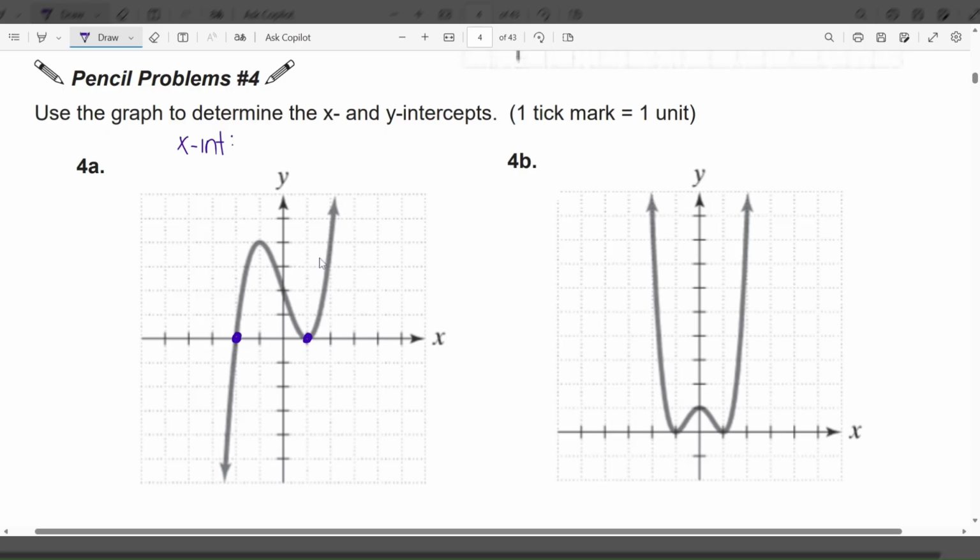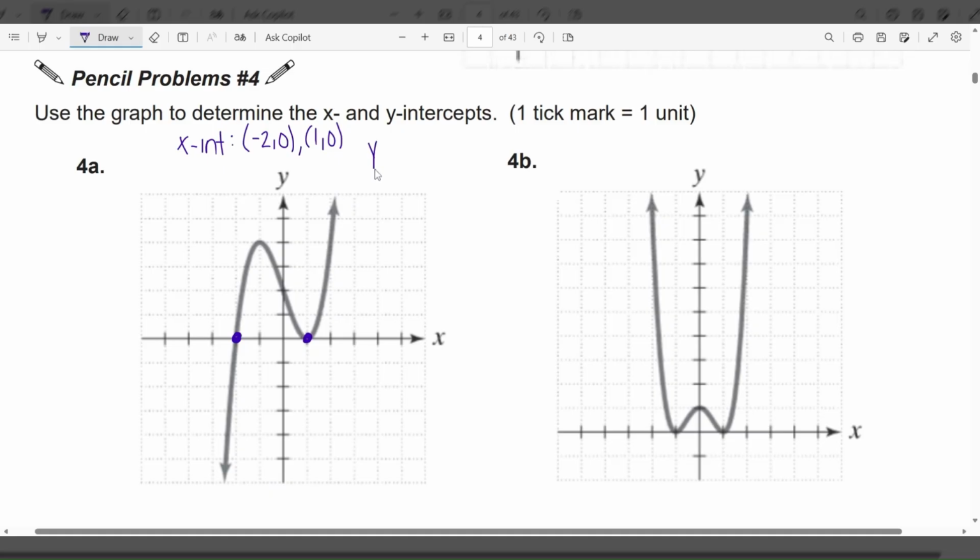So remember, with our x-axis, our y equals 0. Also, let's just find the coordinate pair for this point, which is (-2, 0), and (1, 0).